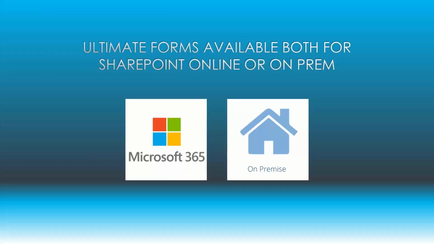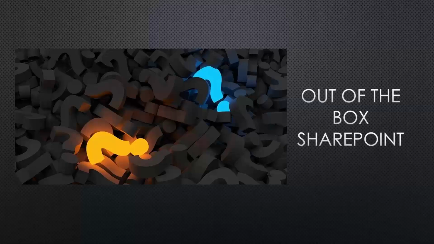The tools I'm showing today are available both for SharePoint Online, also known as Microsoft 365, and these same tools are available for on-premise SharePoint if you have your own server environment. So out of the box, SharePoint is a platform with a lot of possibilities, but what you have with the built-in tools can be limiting. It's not easy to do some things that you're going to want in terms of building solutions.